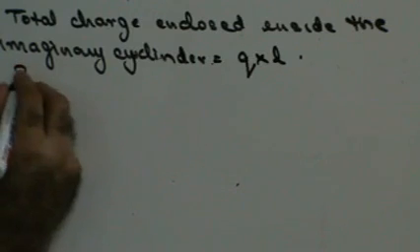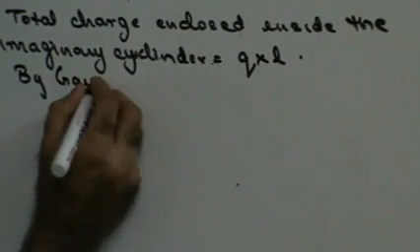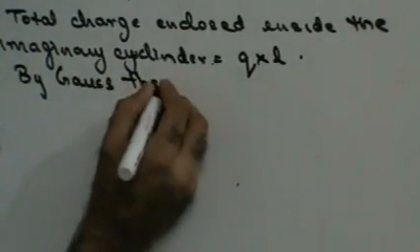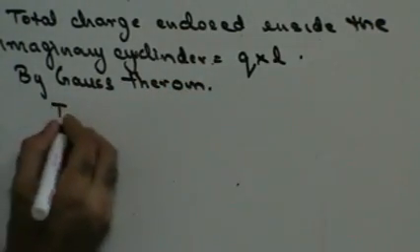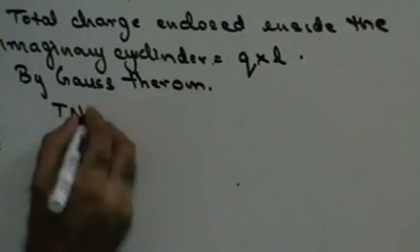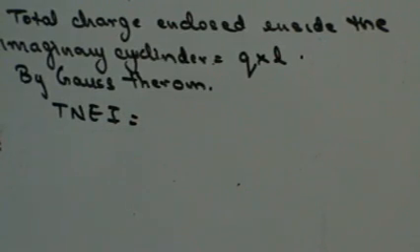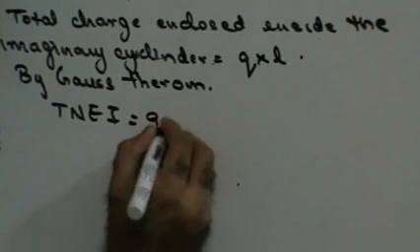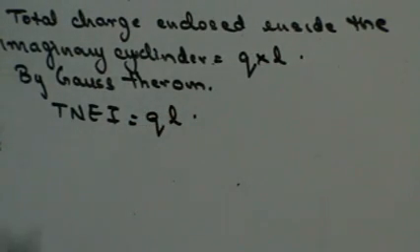Now if I apply Gauss's theorem, it says that the total normal electric induction should be equal to the total charge enclosed in the cylinder. Total normal electric induction will be QL. We said that total normal electric induction is epsilon E 2 pi RL.